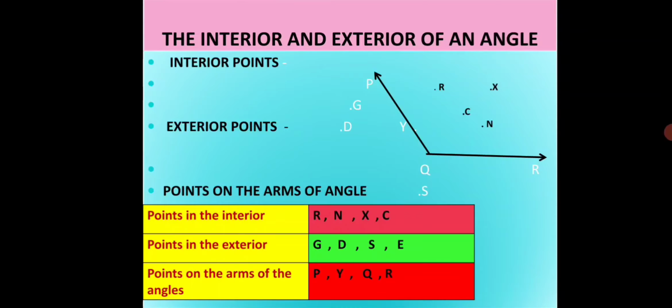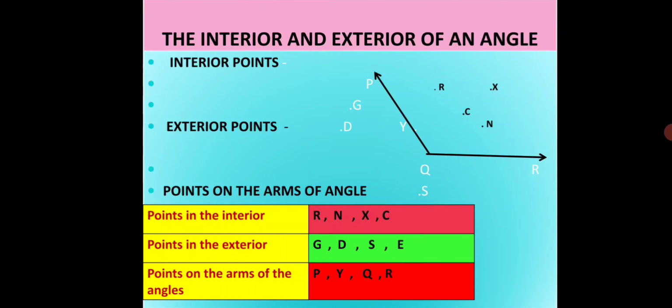The interior part consists of the points present inside the angle, some points are plotted outside the angle, the exterior part, and some points are present on the arms of the angle. Now as per that we will classify them.